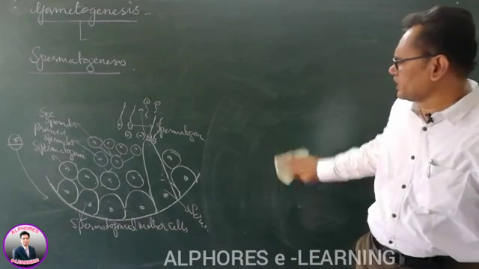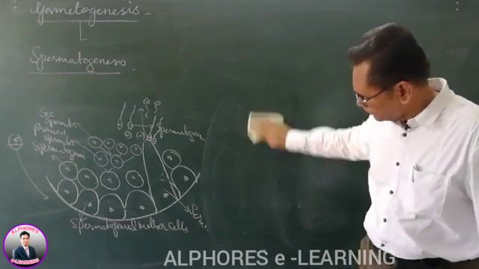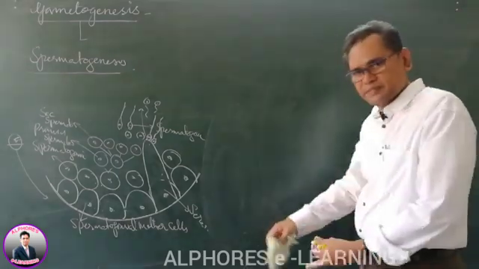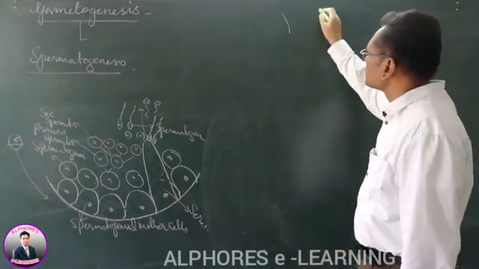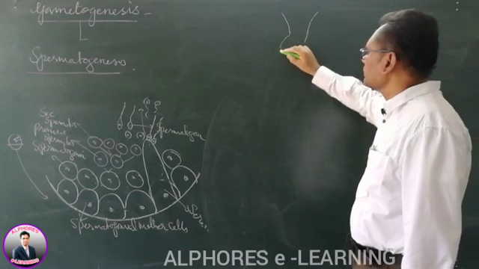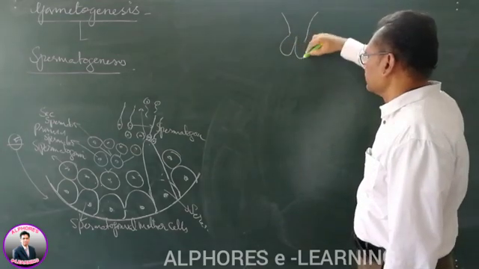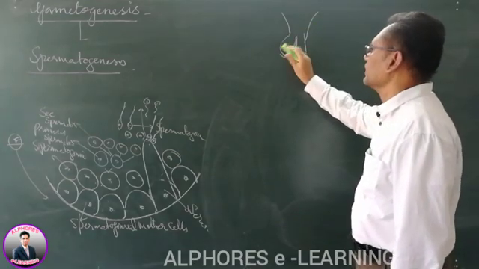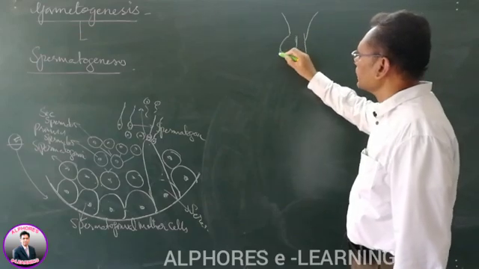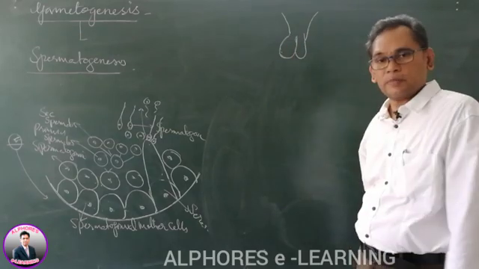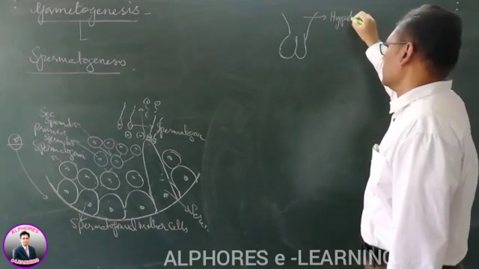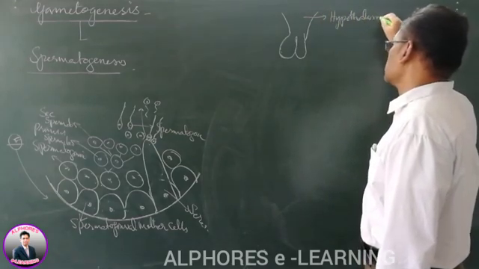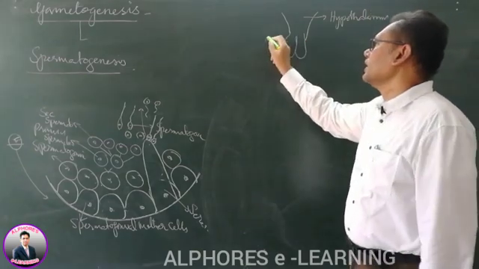This is the hypothalamus, this is the pituitary, the anterior pituitary, and this is the posterior. This is the anterior pituitary gland.